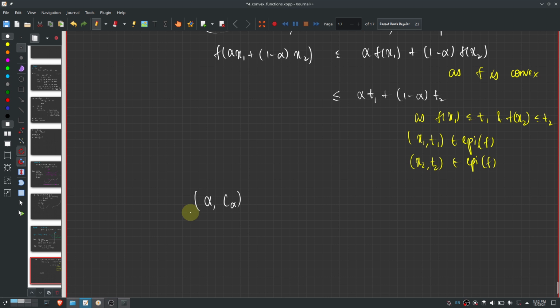If you think of this as a single element, the epigraph is kind of the union of these. It is the set of all alpha comma x for which f of x is less than or equal to alpha.